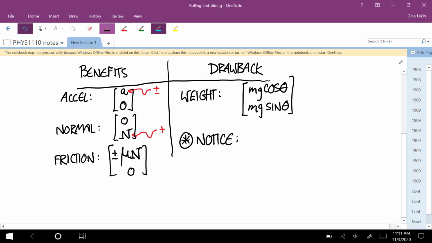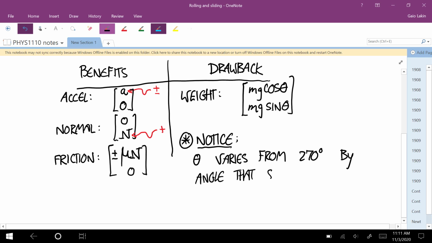There's one thing that is always going to be the case, and that is that theta is going to vary from 270 degrees by the same angle that the surface makes with the horizontal.